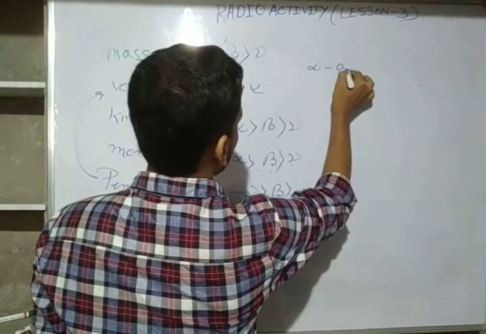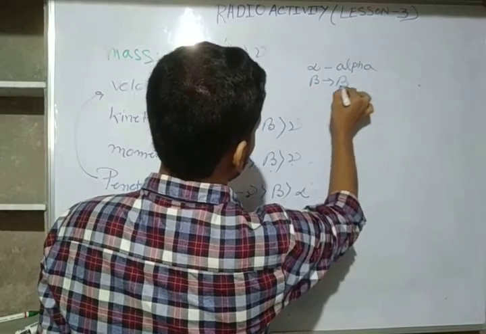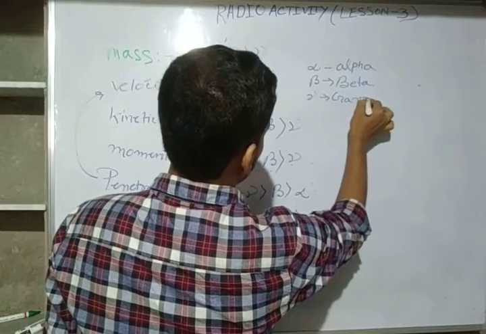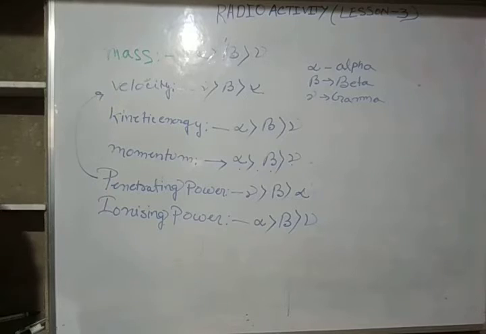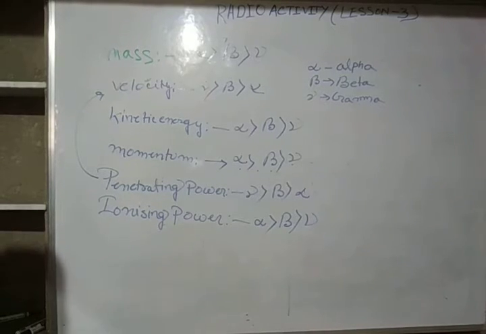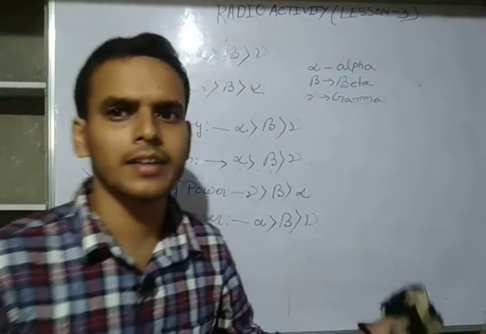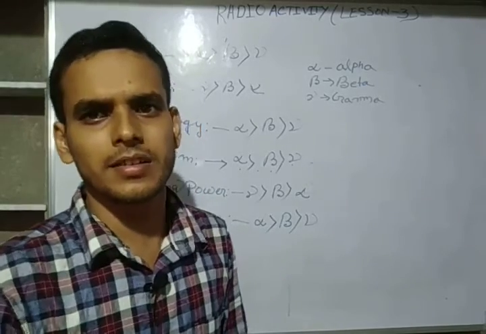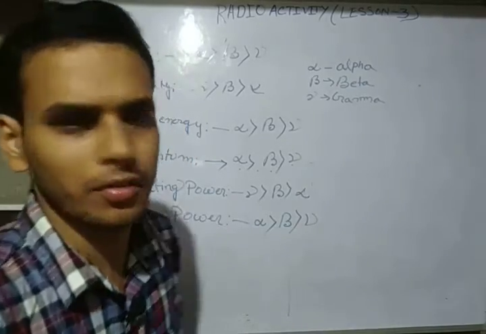It is alpha, it is beta, this is gamma. Okay, we know that both beta and electron are negatively charged particles, but what is the difference between a beta particle and an electron? Let's see.